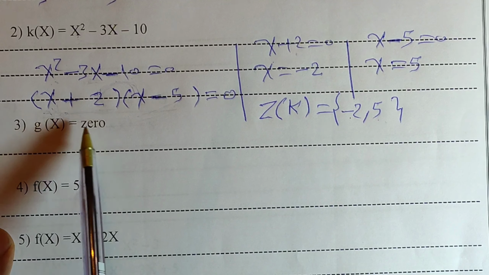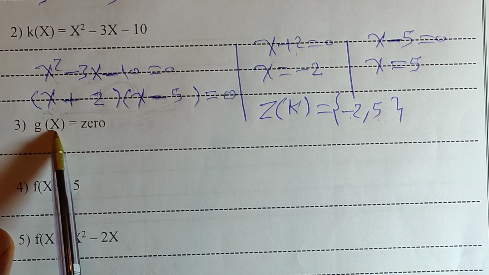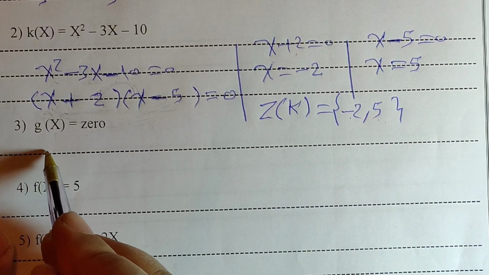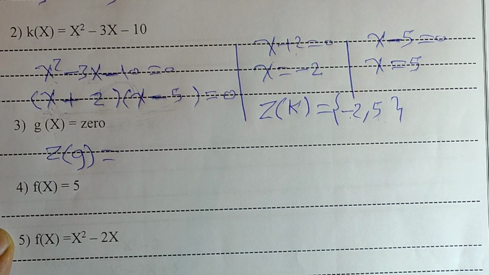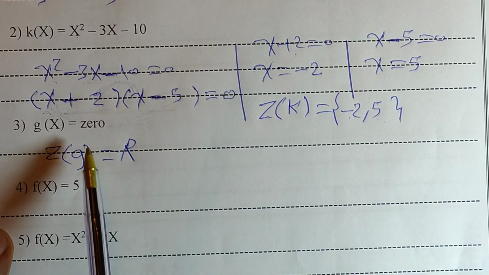G of 1 equals 0. G of 100 equals 0. G of 1 million equals 0. G of negative 5 equals 0. This means that set of zeros of the function g equal are all the real numbers.